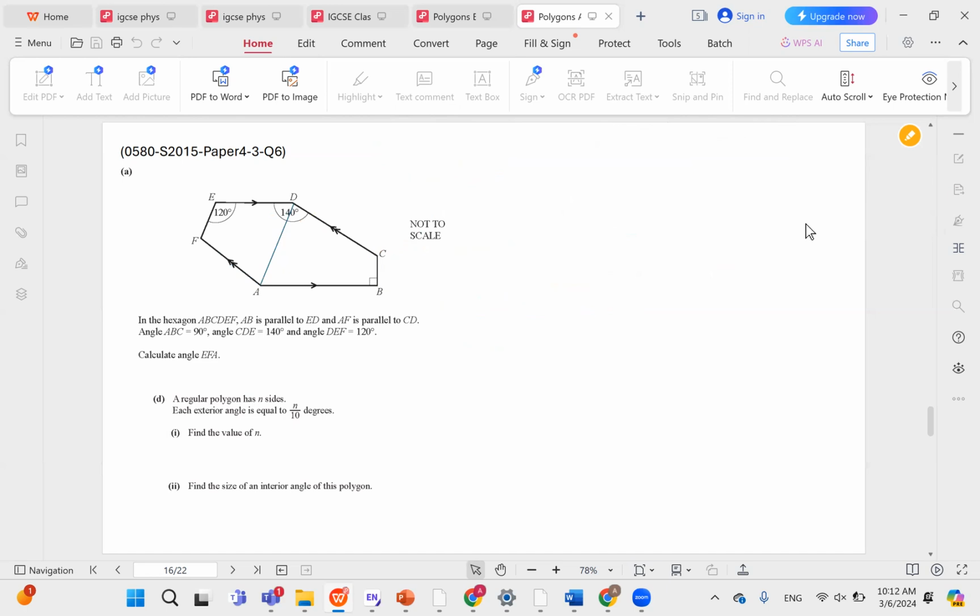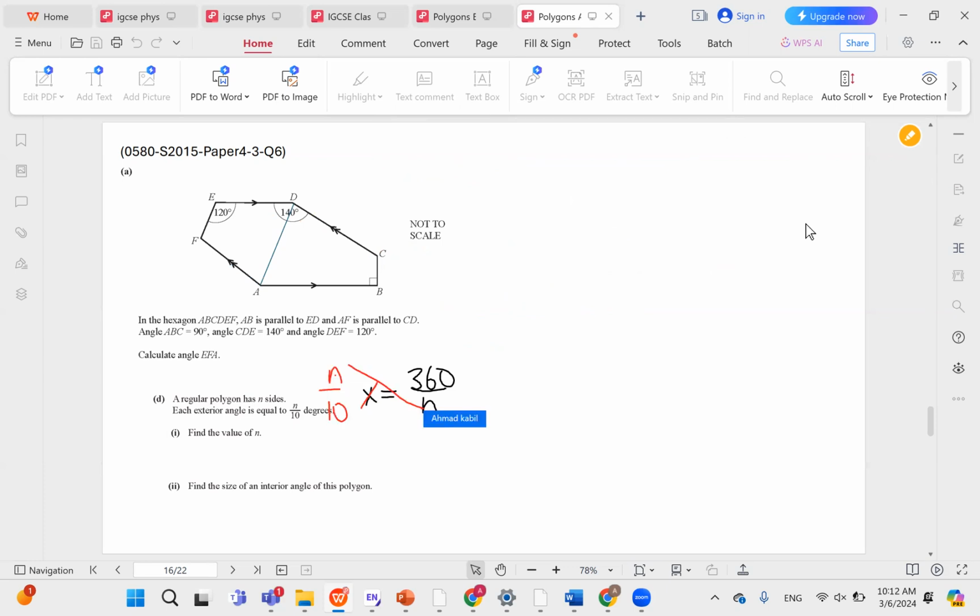So in question D, we are told a regular polygon has n sides. Each exterior angle is equal to n over 10 degrees. Find the value of n. So of course, we know that the exterior angle x is related to n using the equation 360 over n. And we are told in this particular question that the exterior angle is equal to n over 10. So instead of x, I can write n over 10.